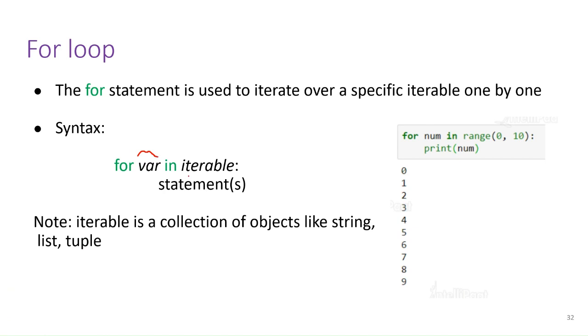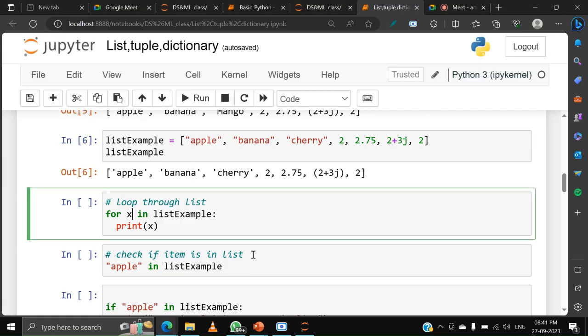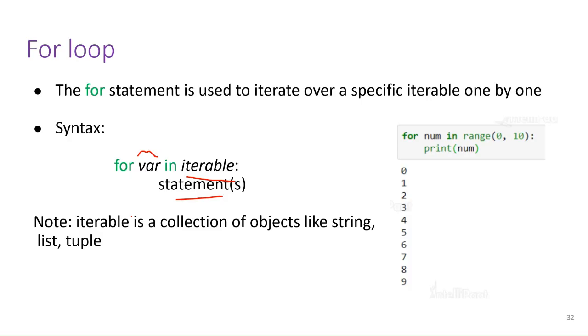For variable in iterable statements, what are the statements you need to write here? In this example, what I have done is print x. Print x is the statement. Here x is the variable. So we will go through the iterable.